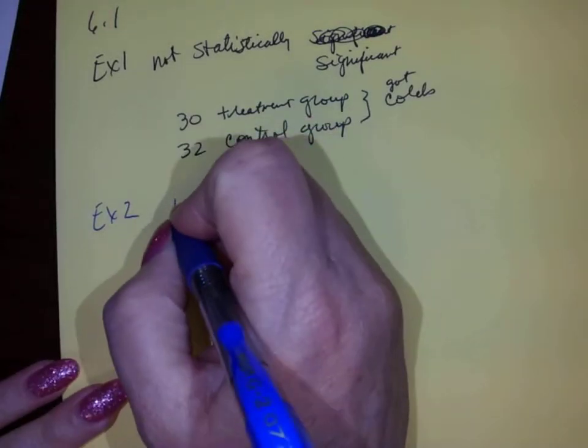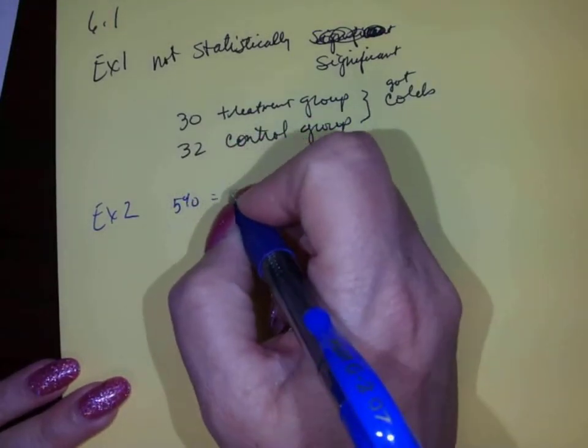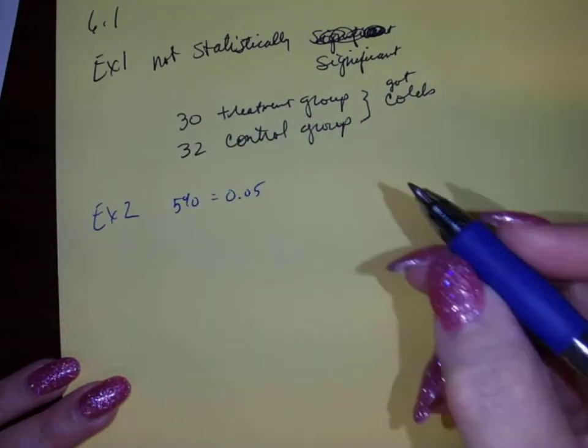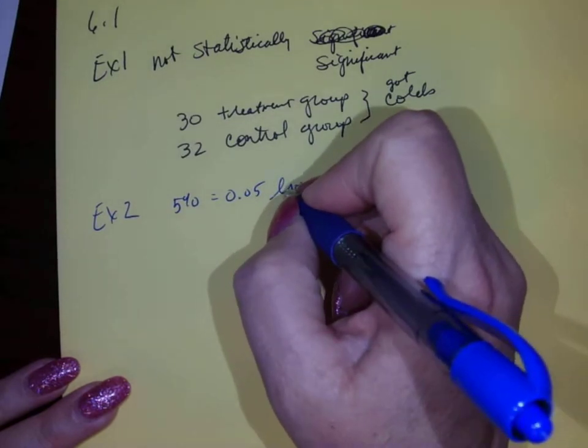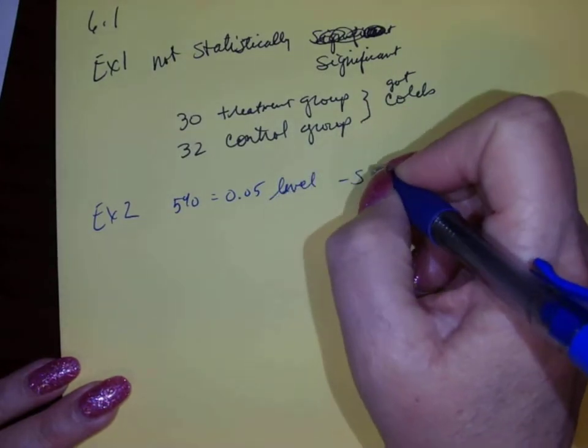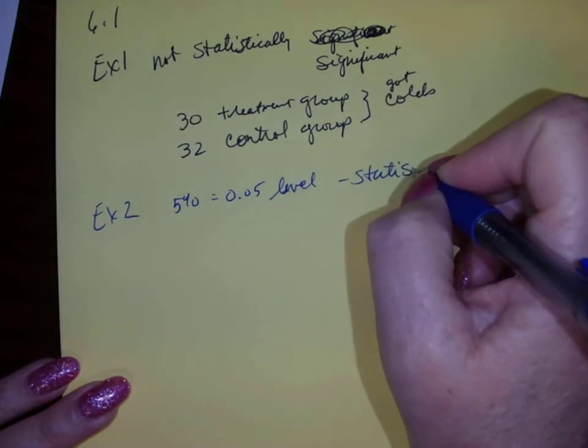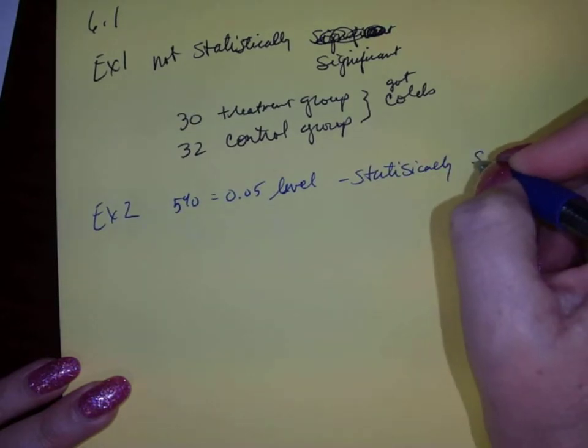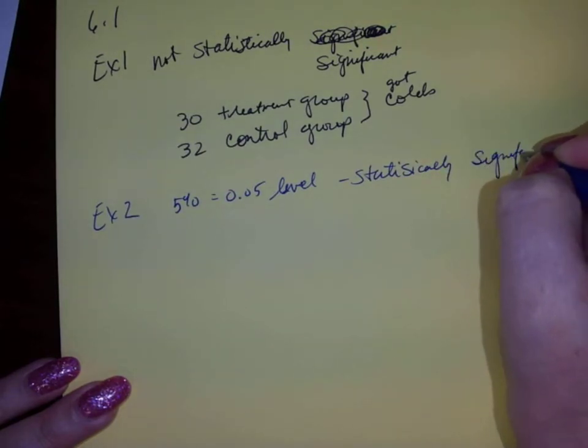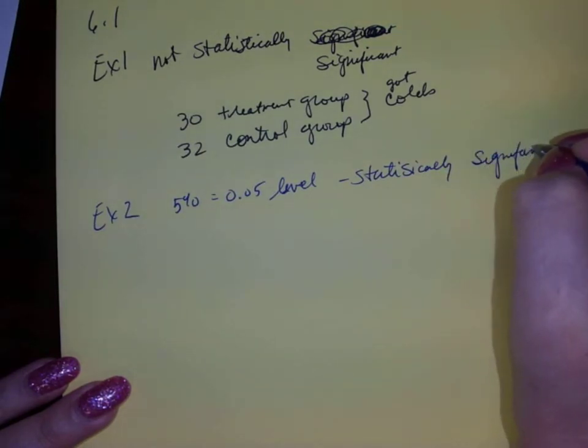So at the 5% level, which is 0.05, it would be statistically significant.